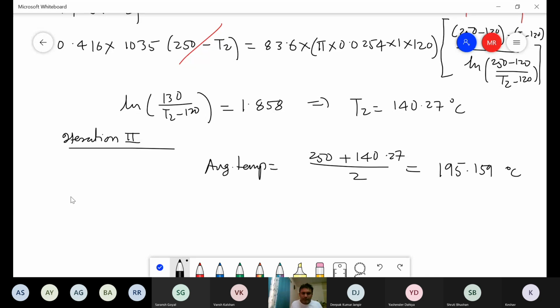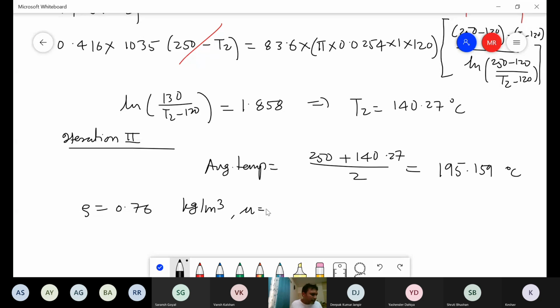So I can give you the properties at this particular temperature. Let me check what properties I have given at 210. I have given 210.5, so I will modify it a little bit. There was some mistake. So let us have the new properties. Rho at this temperature is 0.76 kg per meter cube.